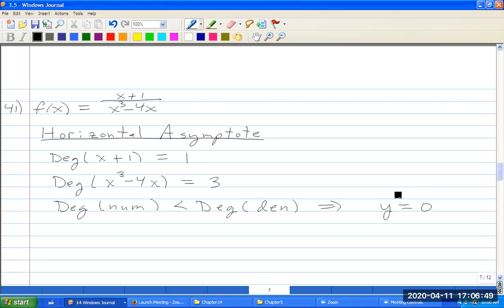Okay? So we can just look at the degrees of the numerator and denominator and straight off the bat say, okay, that's going to be y equals 0.